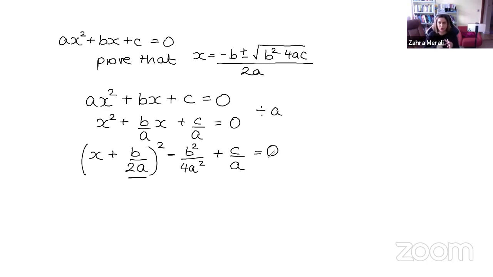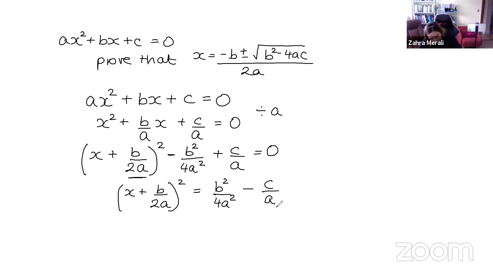Now I'm going to move everything that's not squared onto the right-hand side. So I get x plus b over 2a squared equals, I move the minus b squared over 4a squared, it becomes plus b squared over 4a squared minus, and the c over a becomes minus.